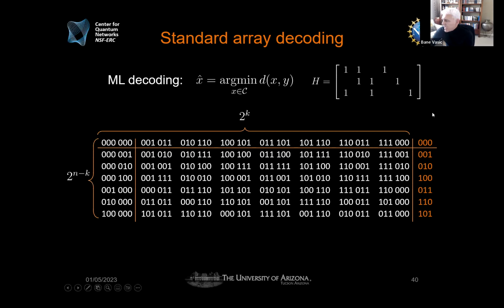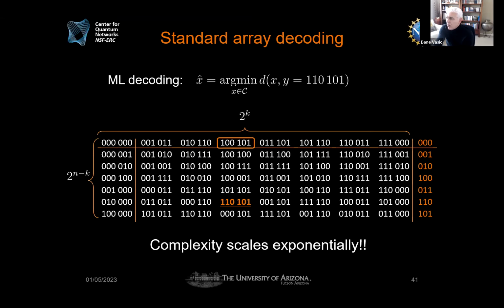On this right-hand side, I wrote the corresponding syndrome. For a code word, of course, the syndrome is 0, and when I have errors, the syndromes are non-zero. So now, what happens if I receive the vector 1, 1, 0, 1, 0?